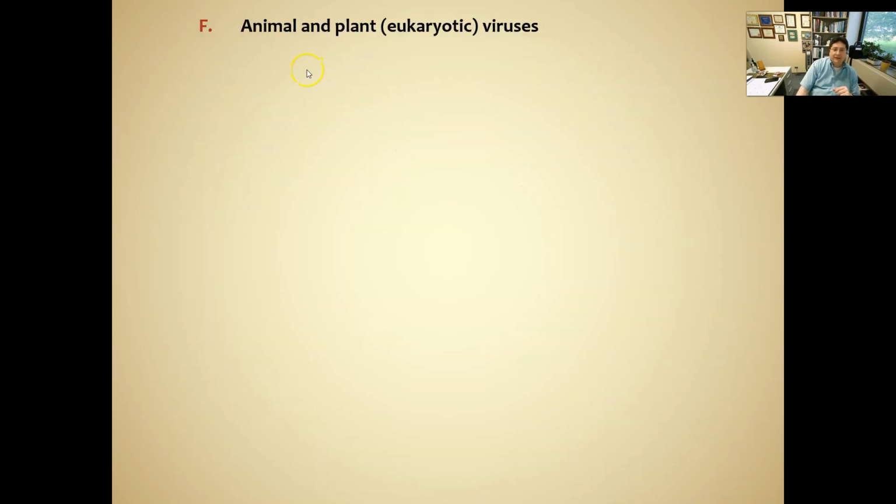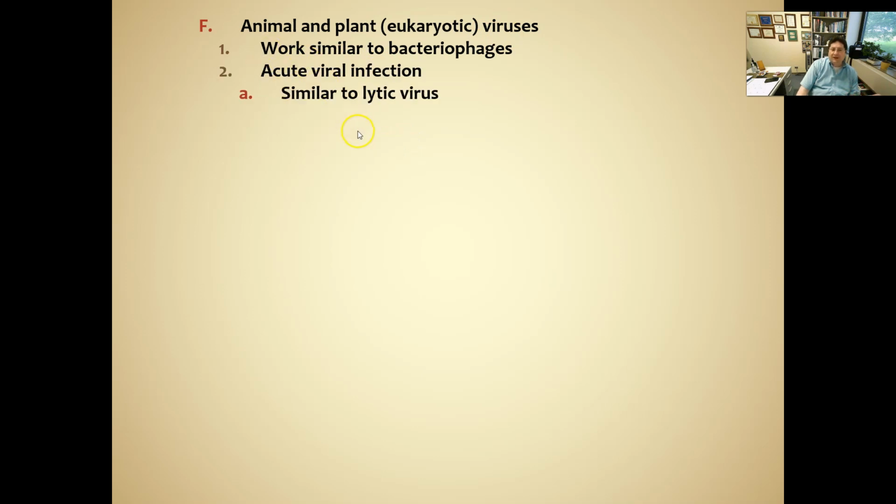All right? Now, we just looked at how that works in bacteria. What about animal and plant or eukaryotic viruses? Well, without getting too specific here, animal and plant viruses work similar to what we just looked at. In acute viral infection, that's similar to the lytic cycle, like chickenpox or COVID are lytic.